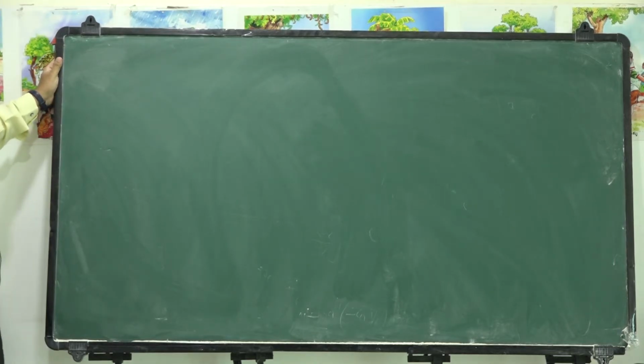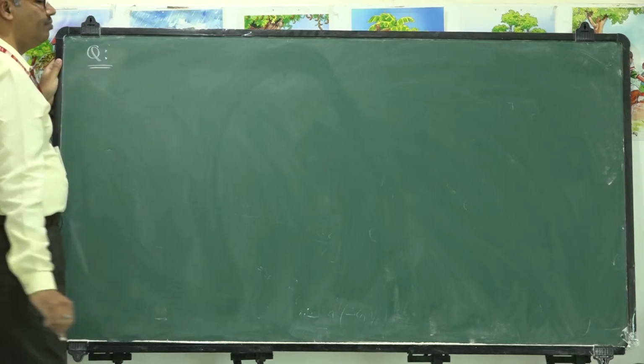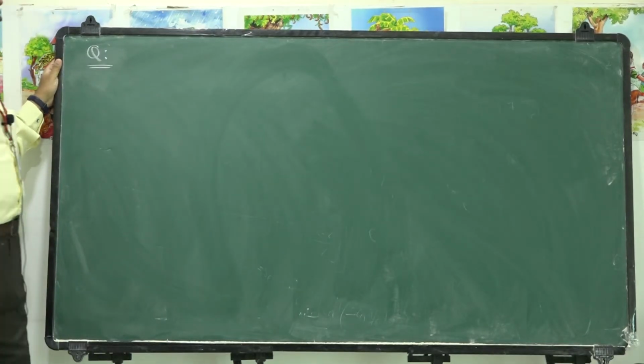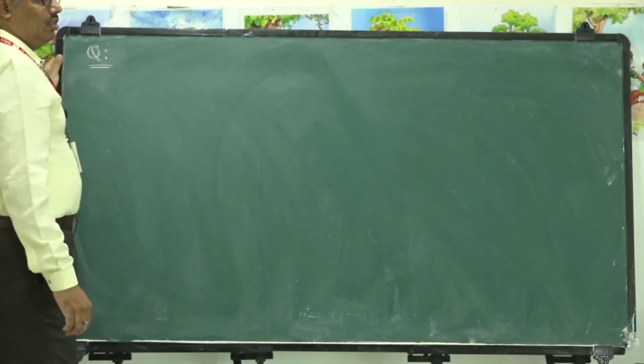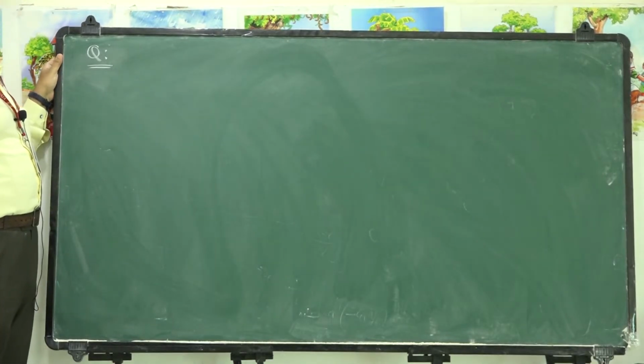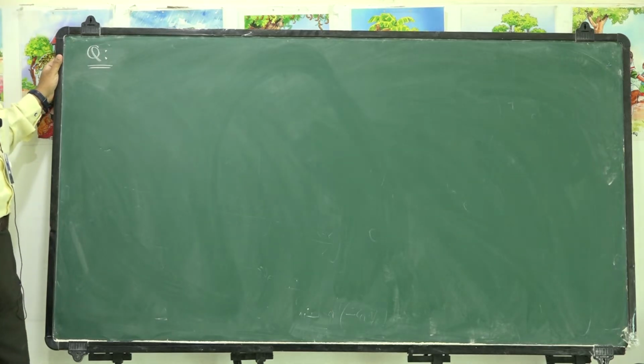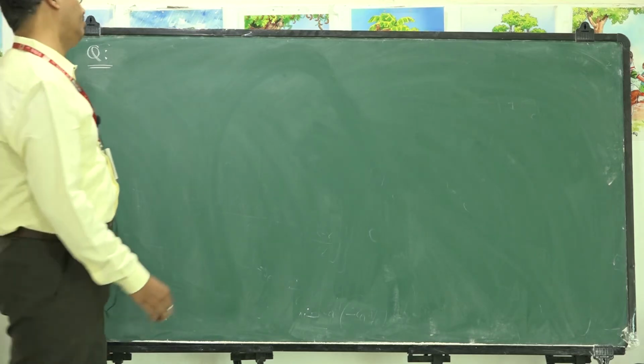Now let us do one application. Here is the question. There is a parallel plate capacitor with two square plates, each of side length A. They are separated by a distance d, and the space between the two plates is filled with two dielectrics as shown in the figure.